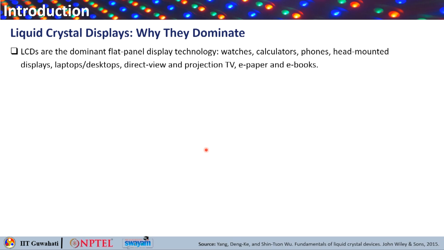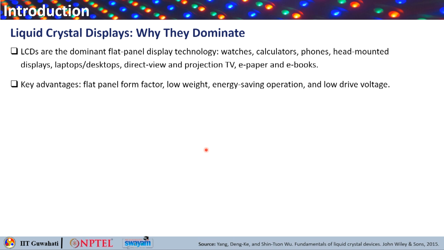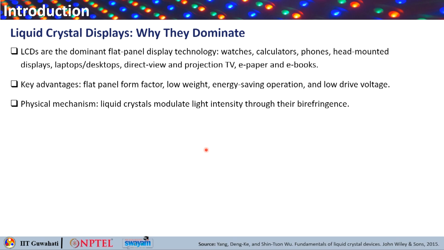Some other recent applications also include head mounted displays, direct view and projection TV, e-paper and e-books as well. As I mentioned, the key advantages are form factor, low weight, energy saving operation, and also low drive voltage.